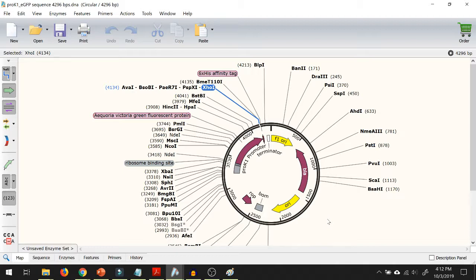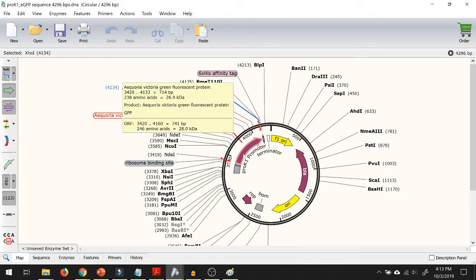So a plasmid map contains all the major DNA elements that are on the plasmid and which direction they are being transcribed, so which strand is being used.